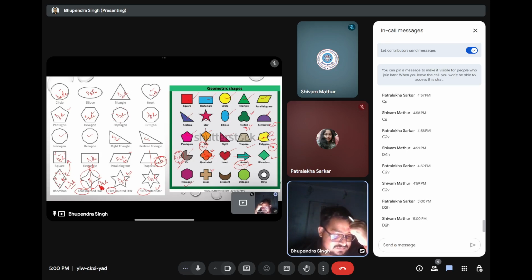Patlekha and Shivam, you are saying C2V. D2H, sorry. Don't you think it's D4H? How? Okay. So all the sides of the cross are equivalent. You just pass the axis through the plane, the axis is passing through the plane.